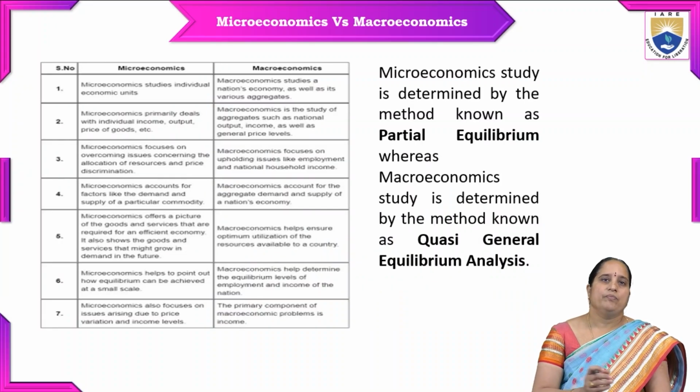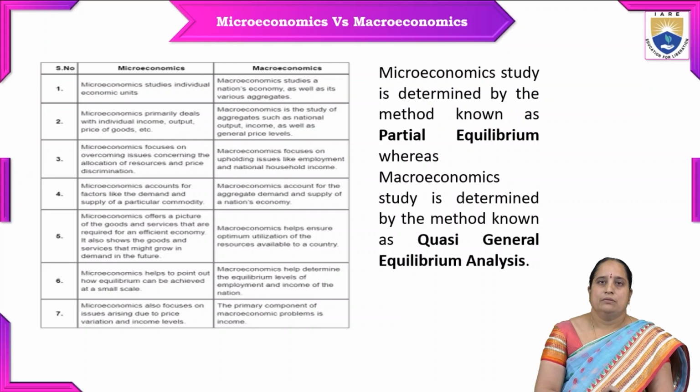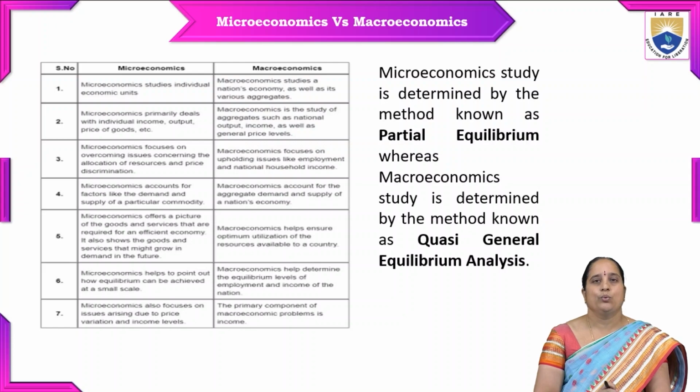Then coming to the differences between micro and macroeconomics. The first difference is that microeconomics studies individual economic units, whereas macroeconomics studies a nation's economy as well as its various aggregates.